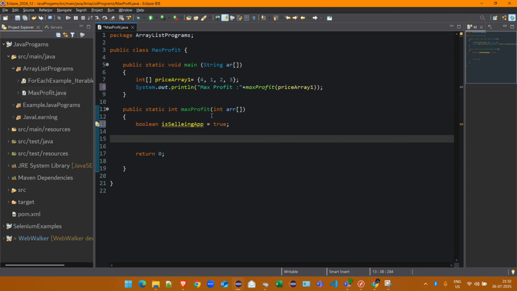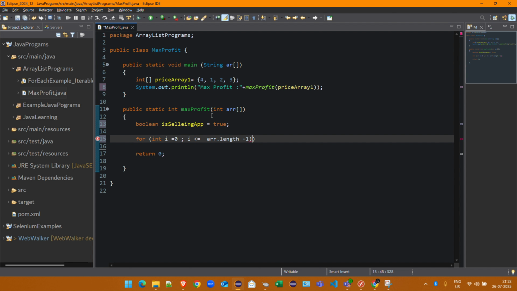Now we will traverse over the array of prices to compare the prices over different days. I will take an integer i equal to 0, and traverse while i is less than or equal to arr.length minus 1.